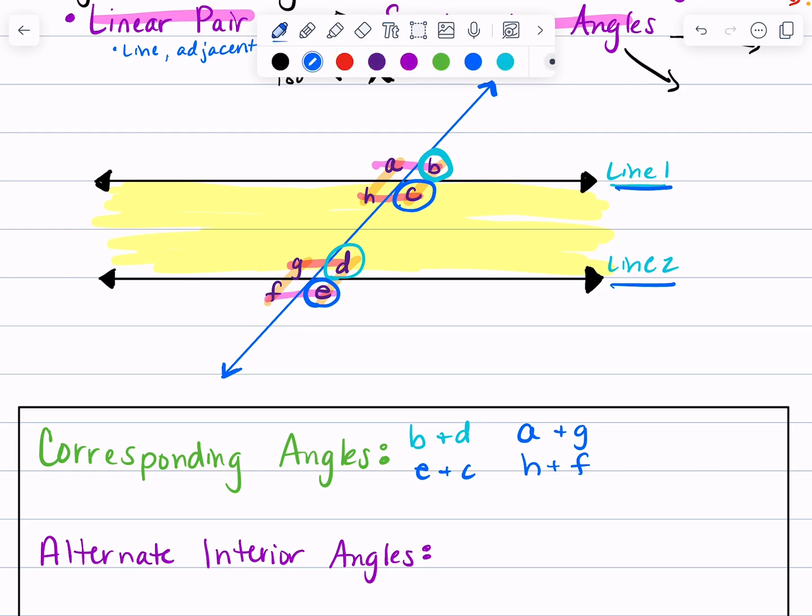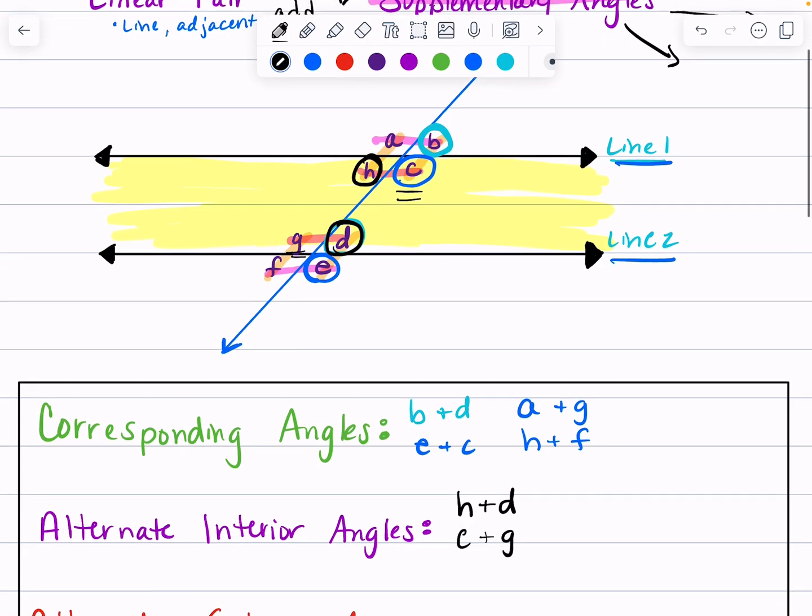So I pick an angle, and I need to cross the transversal to get its equal angle. H and D would be alternate interior, and then C and G would be alternate interior. Both are in the yellow in between, and I've crossed the transversal to get to them.